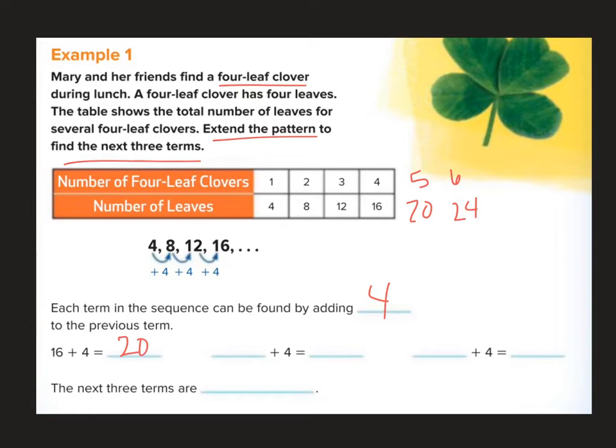So we got 20. 20 plus 4 is 24. 24 plus 4 is 28, and so on. So the next 3 terms are 20, 24, and 28. That's a simple sequence, right? We're adding 4 each time. They're going to get much more tricky than that, where we're multiplying, dividing, multiplying and adding, and so on.